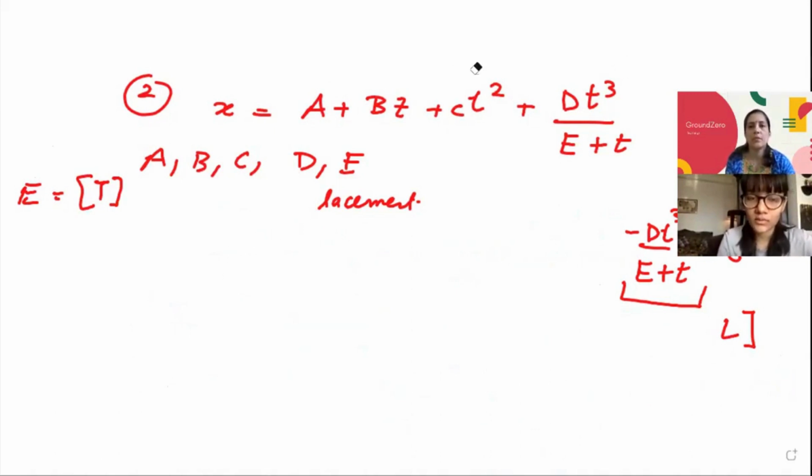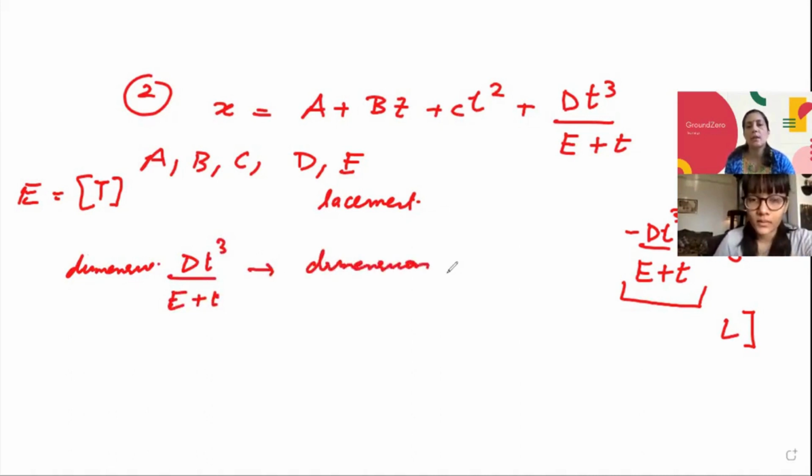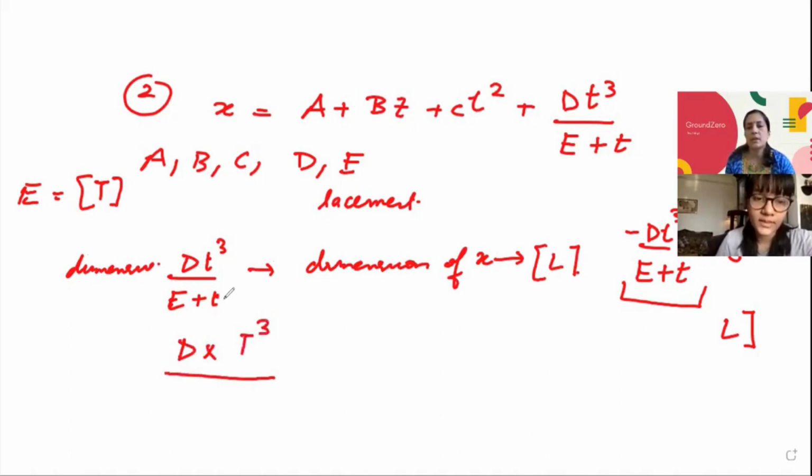So we have the dimension of DT cube upon E plus T equal to the dimension of X, which is L. D into the dimension of T cube upon E plus T, which is T, so T gets cancelled. What is left is D T square, equal to L. So D we have got as L T to the power minus 2.